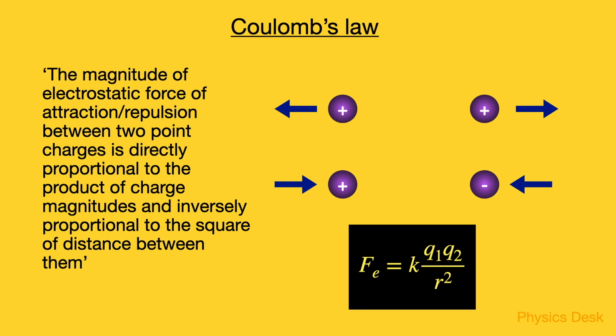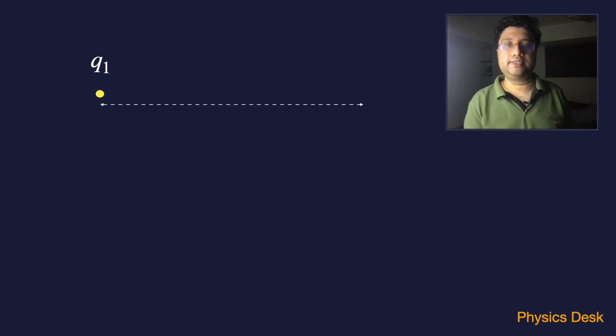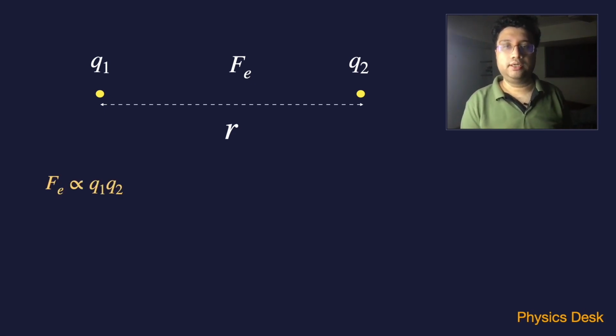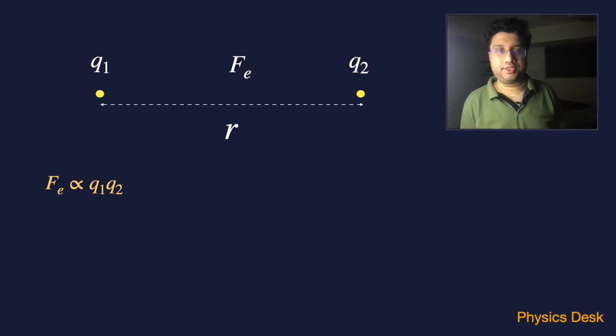So let me explain this law bit by bit in detail. If you take two point charges, say Q1 and Q2, and separate them by a distance R, the electrostatic force Fe between the two charges, which can be either attractive or repulsive, is proportional to the individual point charges. Fe is proportional to Q1 and Fe is proportional to Q2. It is proportional to both. That means Fe is proportional to Q1 into Q2.